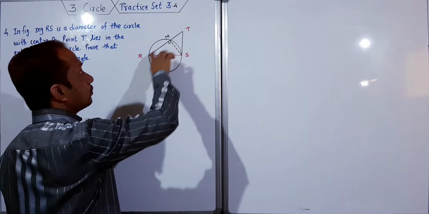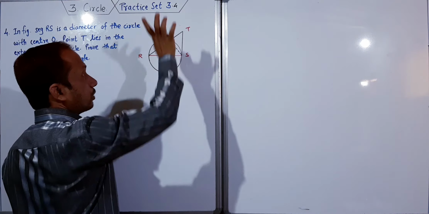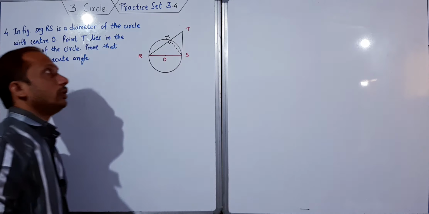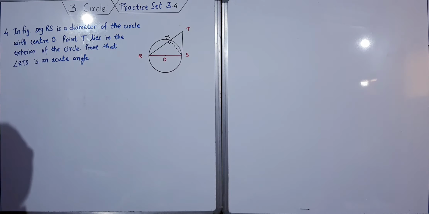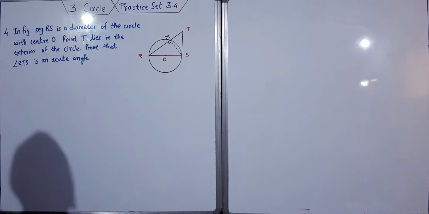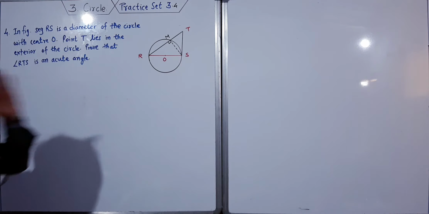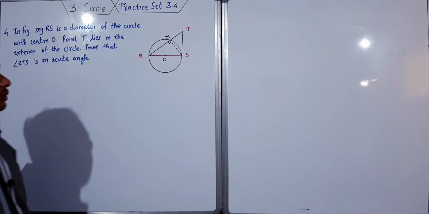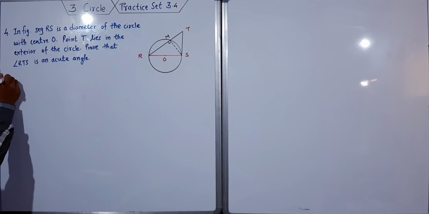For that purpose, we need to join these two. First we join this and then draw the perpendicular here, or join SM, such that this makes a right angle triangle by the diameter. So see, whatever is given, first we write here.